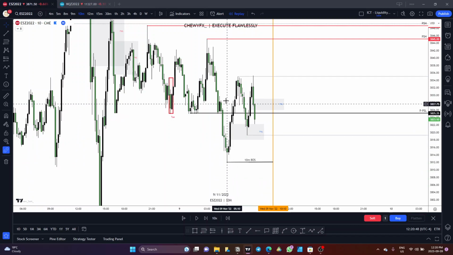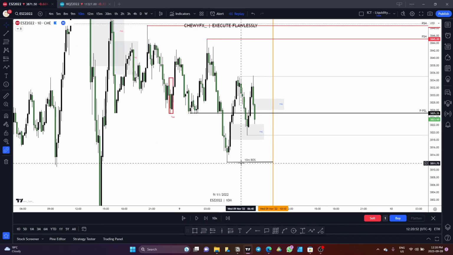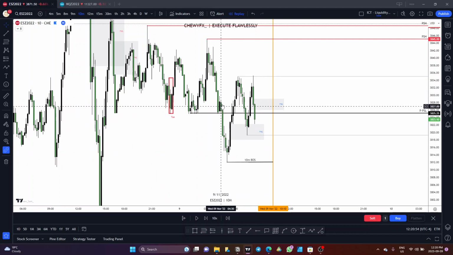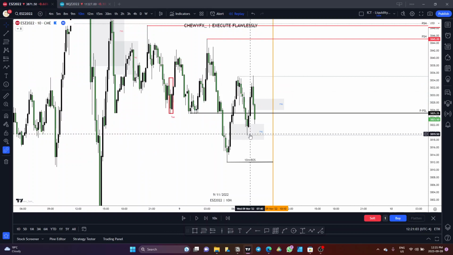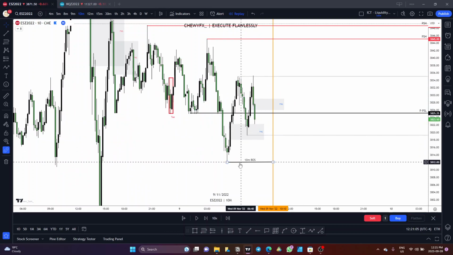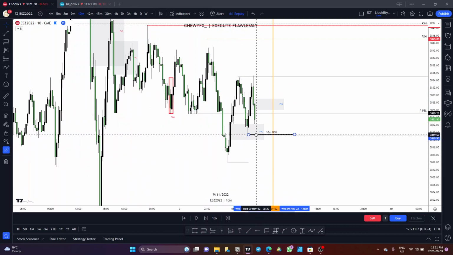This is the low, this is the high break of structure. Okay, this would have been the high we need for a bullish MSS, which we took. Created a new high, created a low. We broke that high, so this would be the new low for a 10-minute MSS.